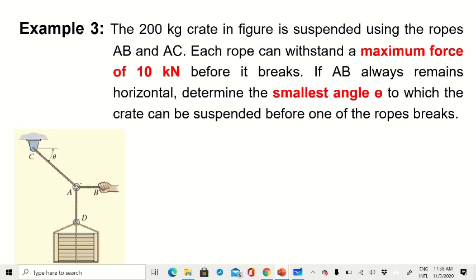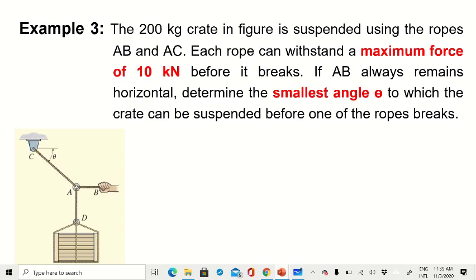And the question also says AB is always horizontal. So we are asked to find the smallest angle, right? Which rope reaches 10 kilonewton force first?